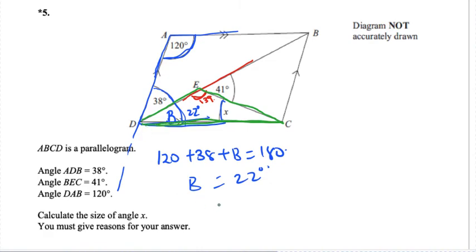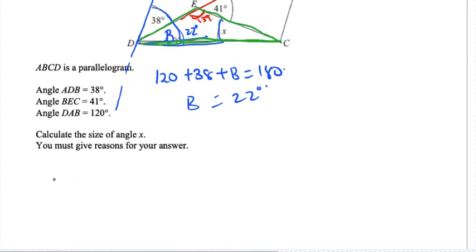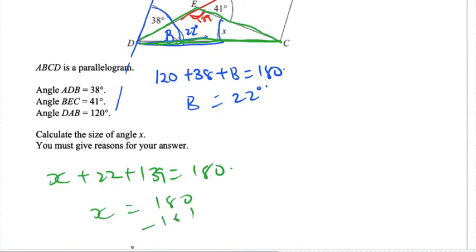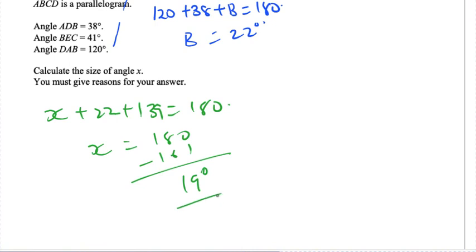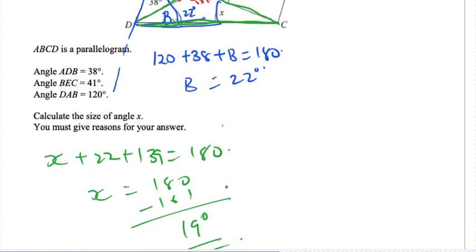So X plus 22 plus 139 is equal to 180. 22 plus 139 is 161. So X will be 180 minus 161, and then we get 19 degrees, and this will be the value of x here.